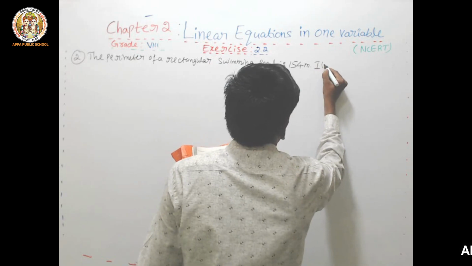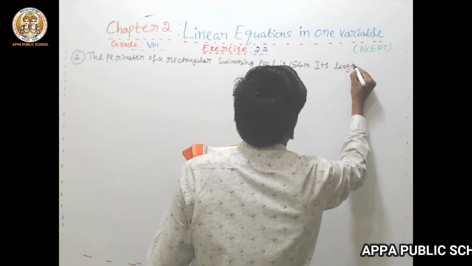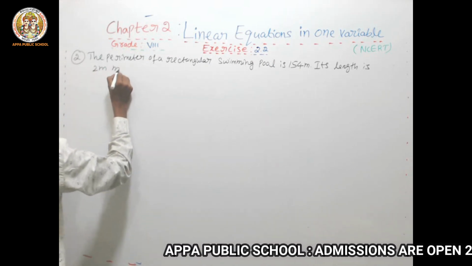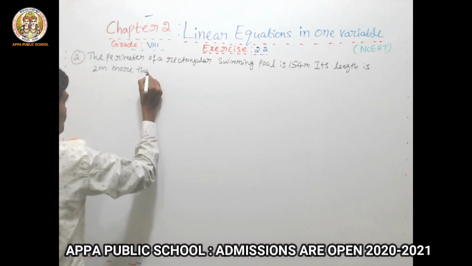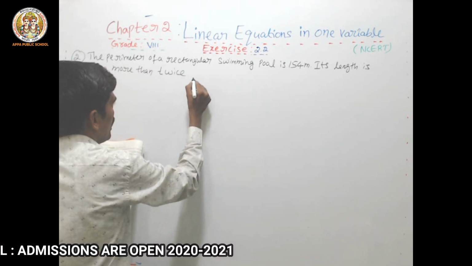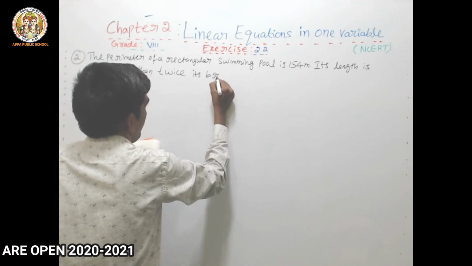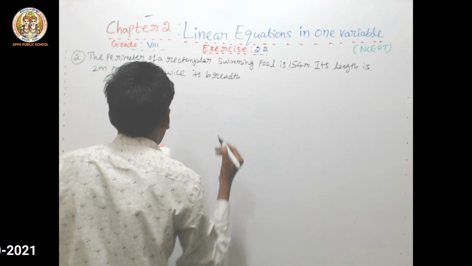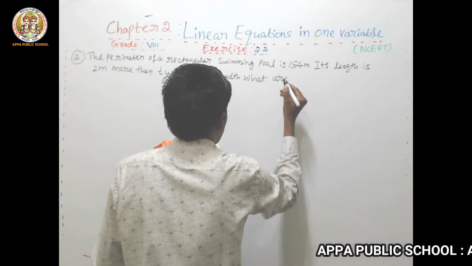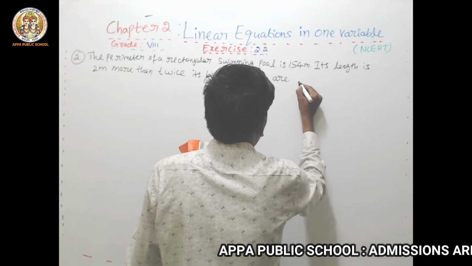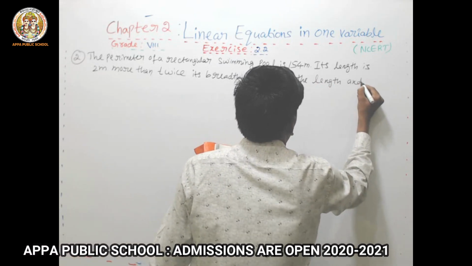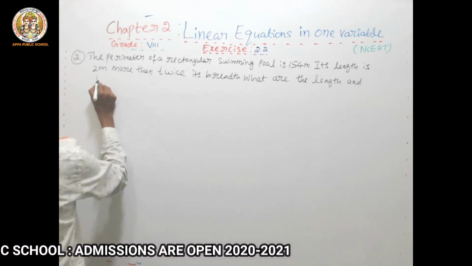Its length is 2 meter more than twice its breadth. What are the length and breadth of the pool?